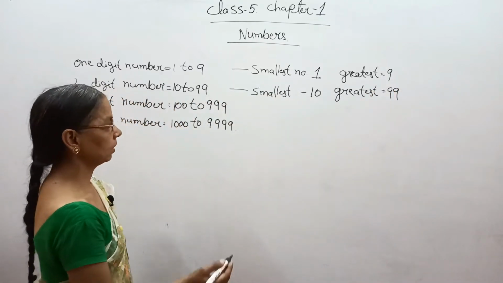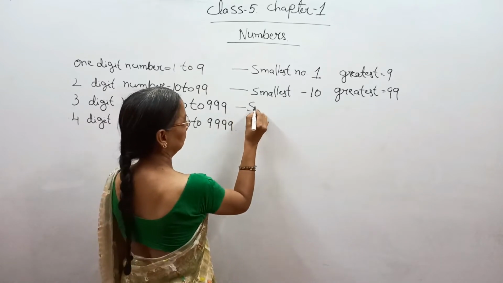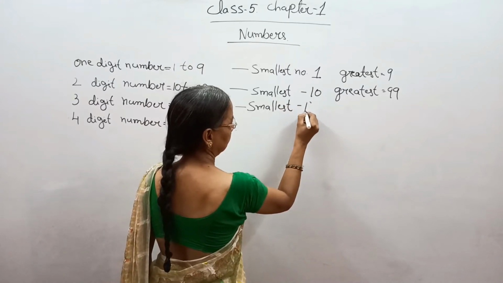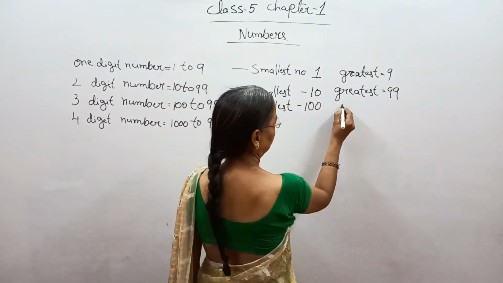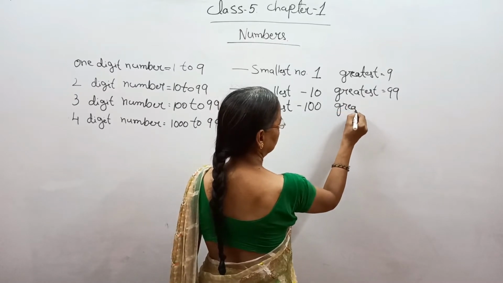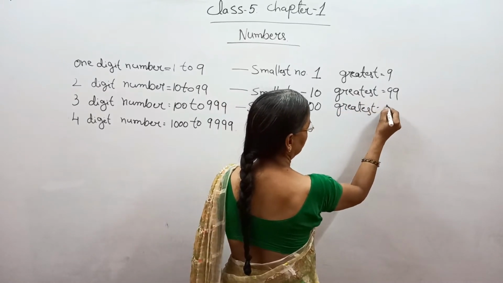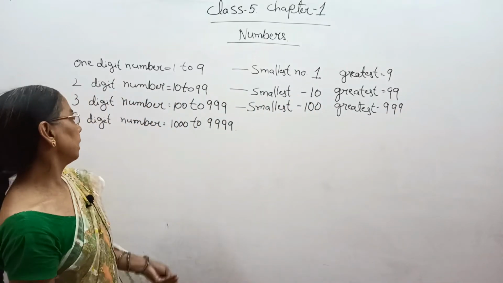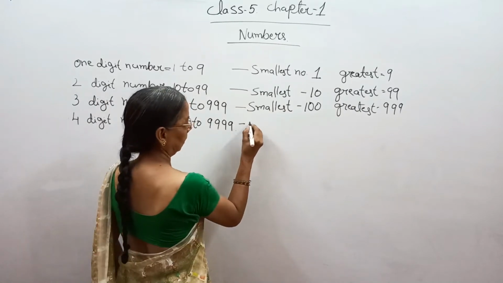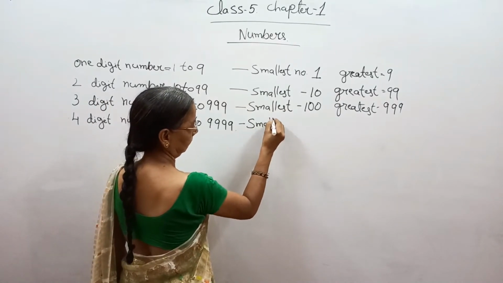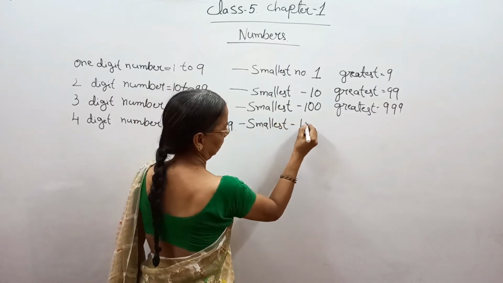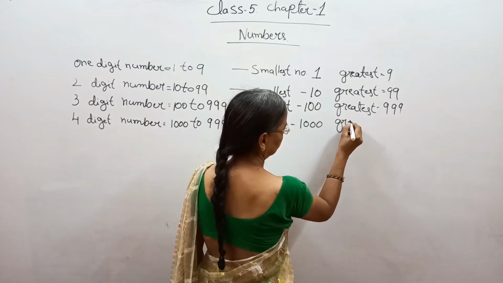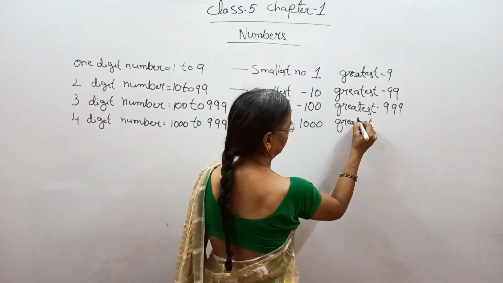In the similar way, in 3 digit numbers, smallest is 100 and greatest is 999. And in 4 digit numbers, the smallest is 1000, and greatest is 9999.